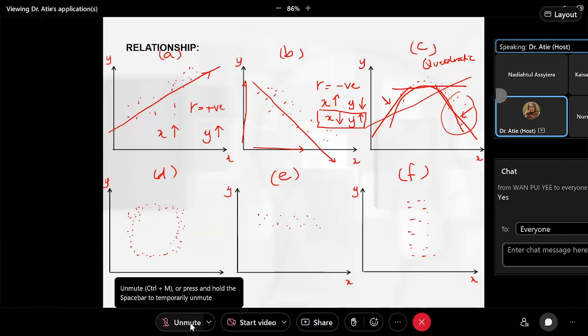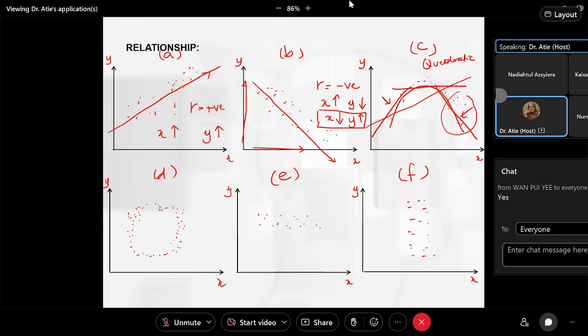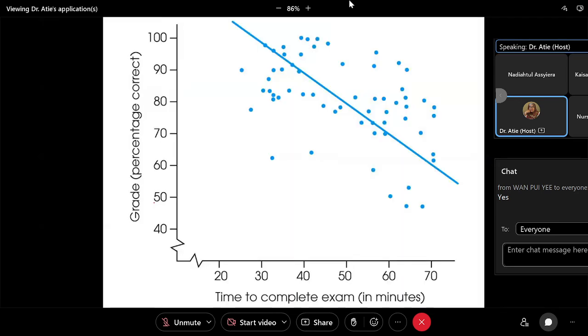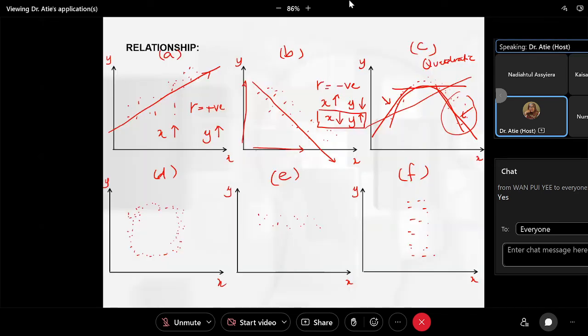So if you look at D, the line that we can draw to represent the whole dots here is actually something like this. It's a circle, right? So a circle cannot form a straight line.